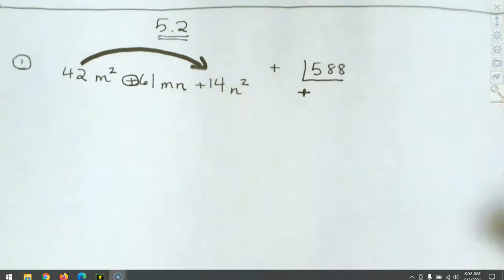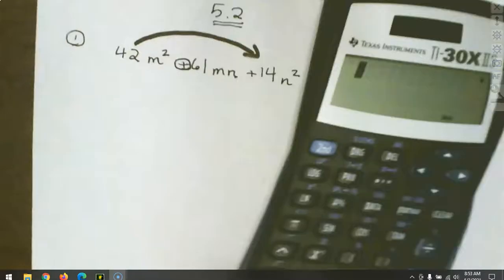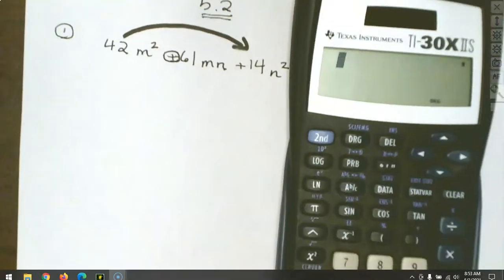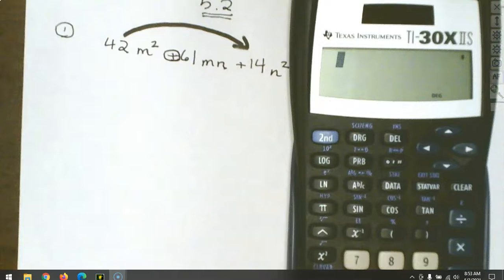Now we need to find our numbers. And this is where it's just a trial and error. Okay, so I'll move this so we can see the numbers that I'm going to be dividing here. We need that 588. Now 588 is an even number.